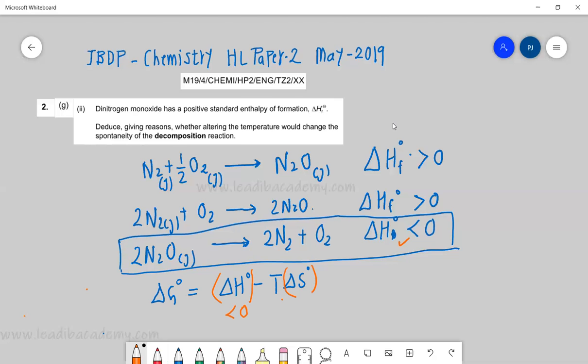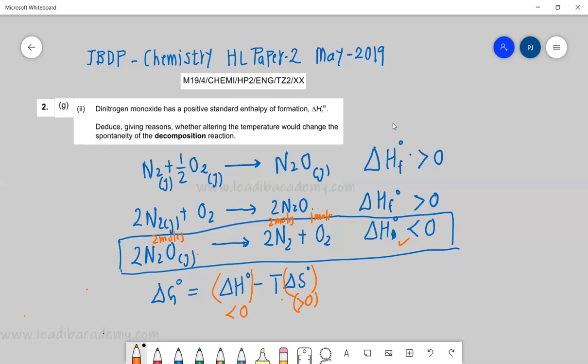We can clearly see that delta S is positive, because on decomposition, 2 moles increase to 2 moles plus 1 mole, that is 3 moles. Since there is an increase in the number of particles, randomness is increasing, so delta S has to be positive.